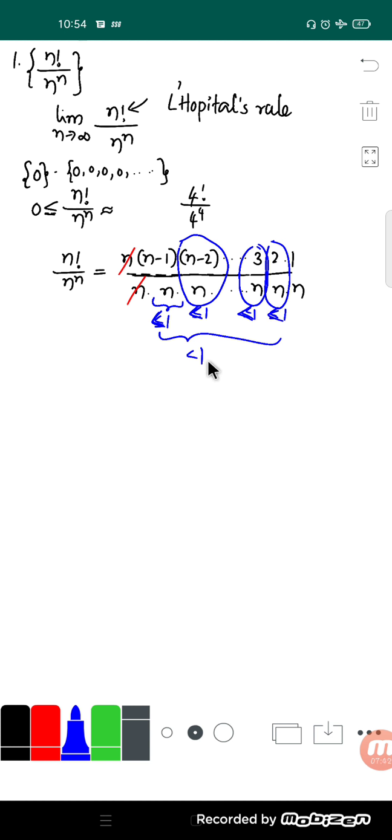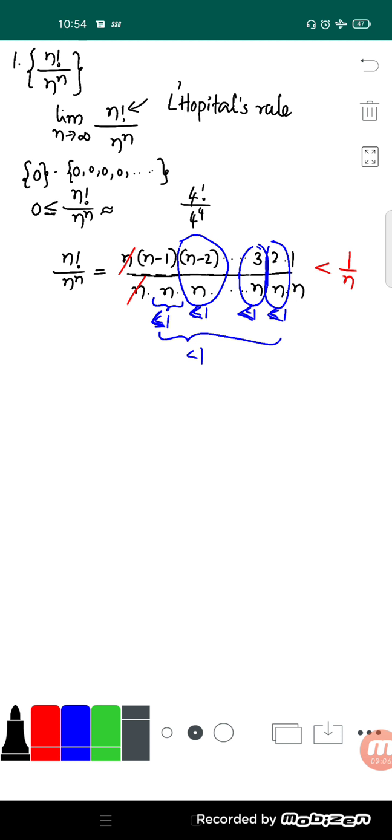So here the 1 by n is multiplied by a number less than 1, so the outcome of this product will be a number which is less than 1 by n.